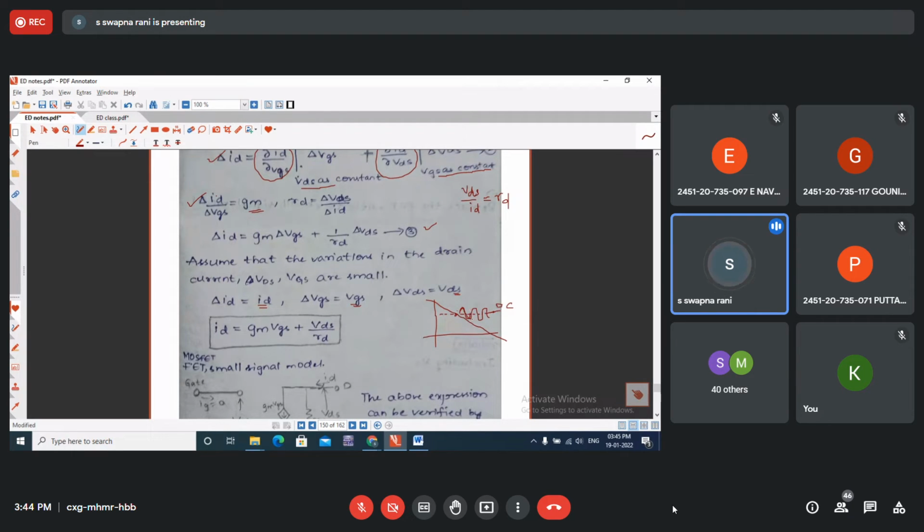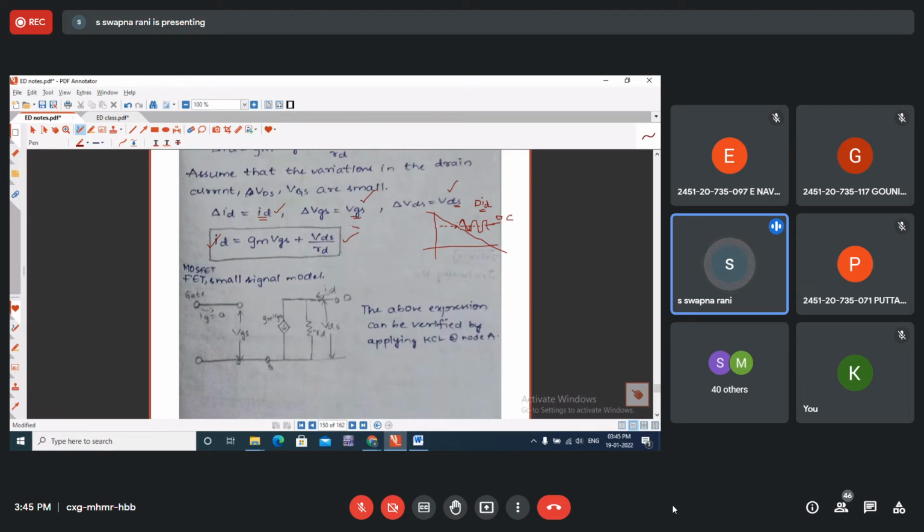These fluctuations around the operating point are represented with delta ID, which are very, very small. So delta ID is represented with ID, delta VGS is VGS, delta VDS is VDS. Therefore, in place of delta ID, I have written ID, GM into VGS, and VDS by RD.